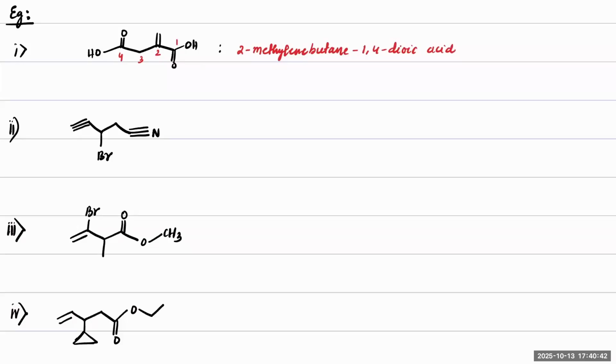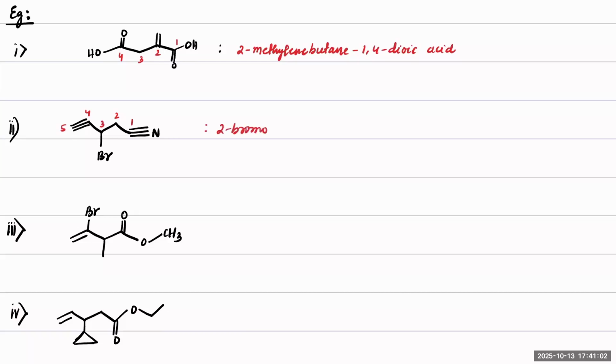Next here, if you notice, this is a cyanide. Cyanide is a main functional group. So you start from here. 1, 2, 3, 4, 5. In that case, the naming should be, and second position we have bromo, correct.